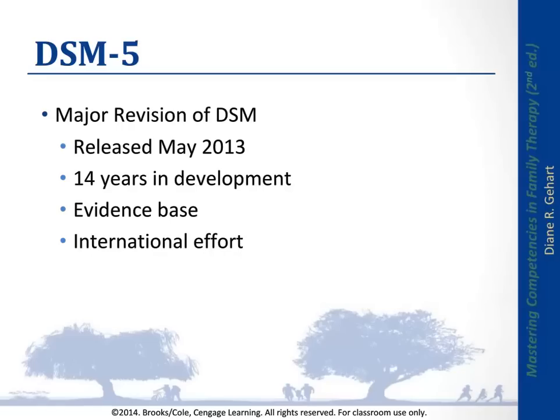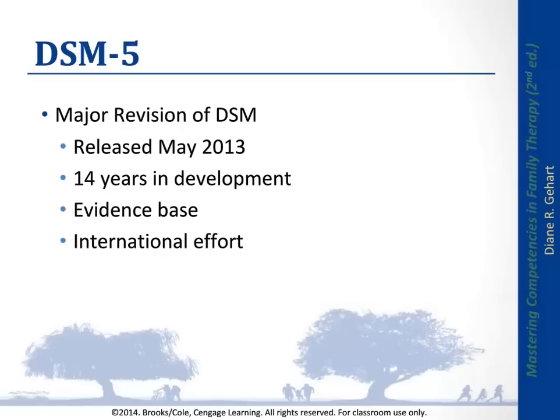And there really needed to be a solid research base for any of the proposed changes that we see in the DSM-5. The other thing to note is that the DSM-5 really is more of an international document. There was much more of an international effort in putting it together.